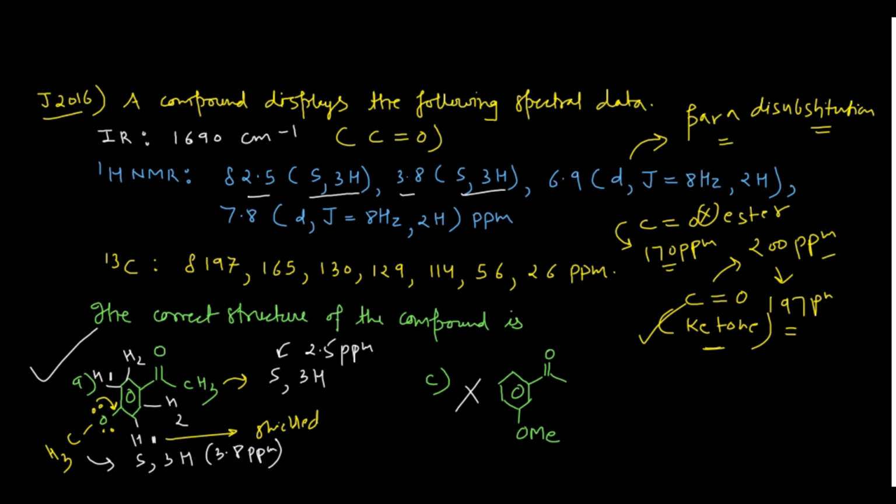So H1 will give the signal at 7.8 ppm, and this will give the signal at 6.9 ppm. This is how you can go for these kinds of problems.